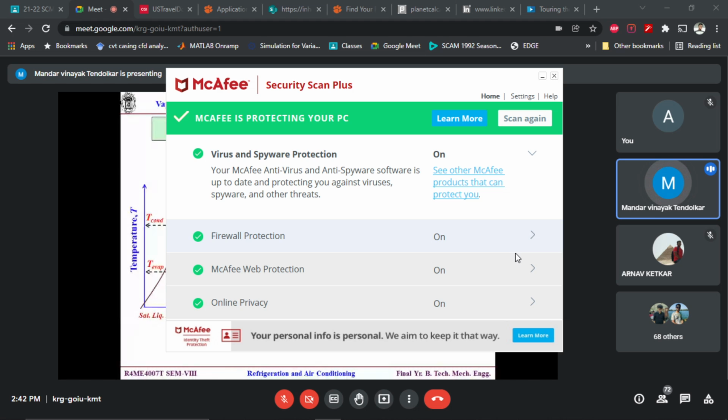Cumulative effect is further loss. So as such, COP of the actual practical cycle will be much lesser than that of the theoretical one, in this case the corresponding Carnot one. Am I right? Any problem to anyone? No, sir.